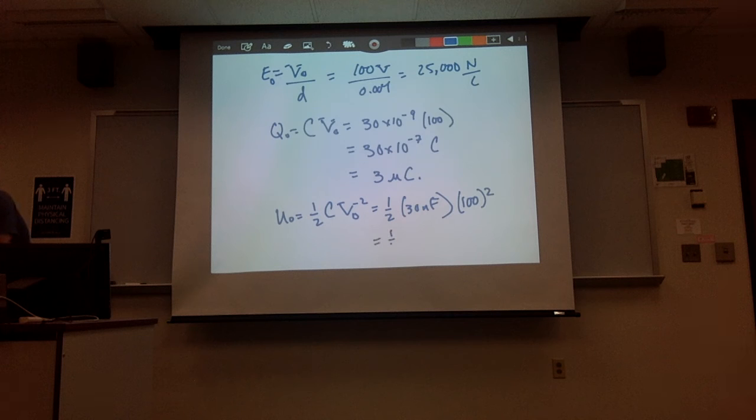It's going to be 1/2 of 30 times 10 to the minus 9 times 1 times 10 to the 4th, which is the same thing as 15 times 10 to the minus 5. It's going to be 150 microjoules.